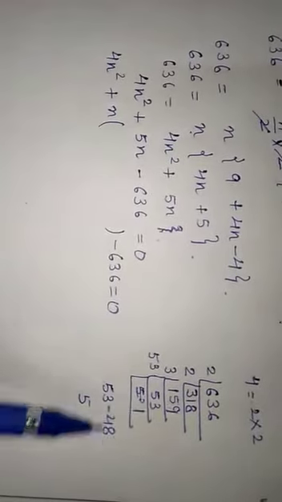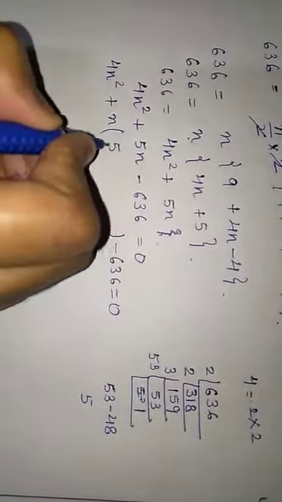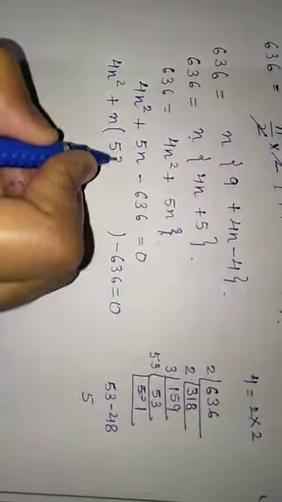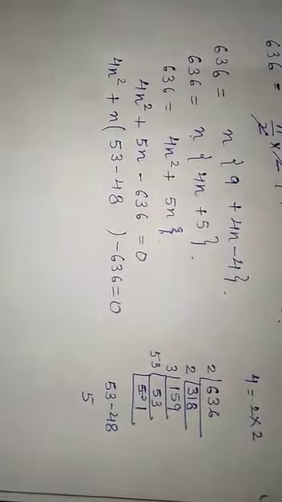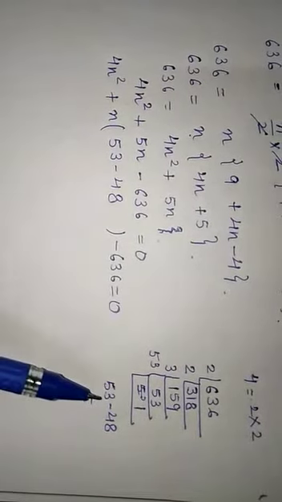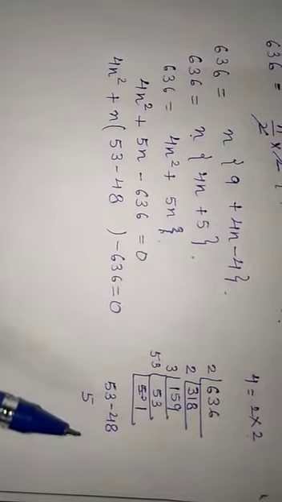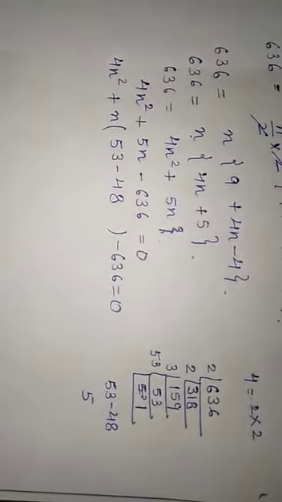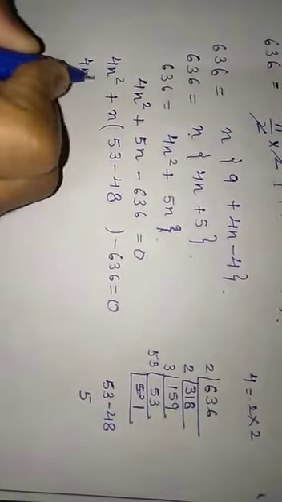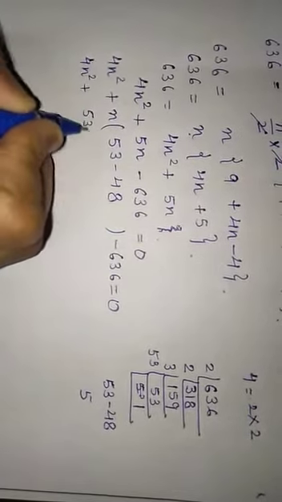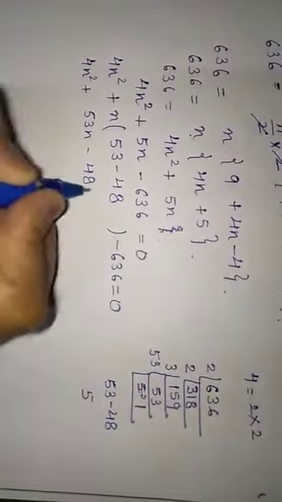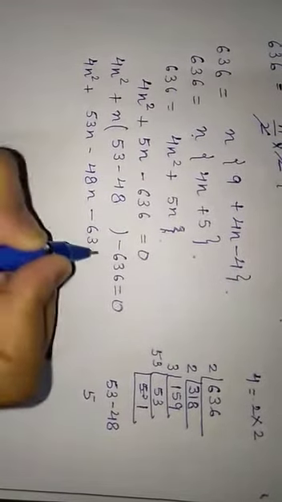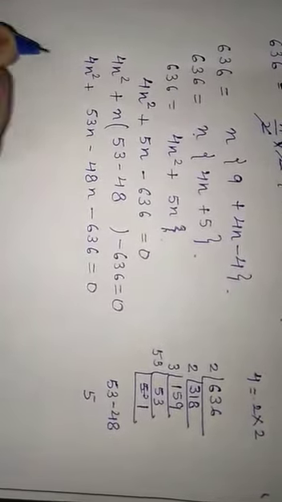So I'll take 53 minus 48 in the place of 5, because multiplying 53 and 48 gives the product 636 into 4. Then 4n square plus 53n minus 48n minus 636 is equal to 0.